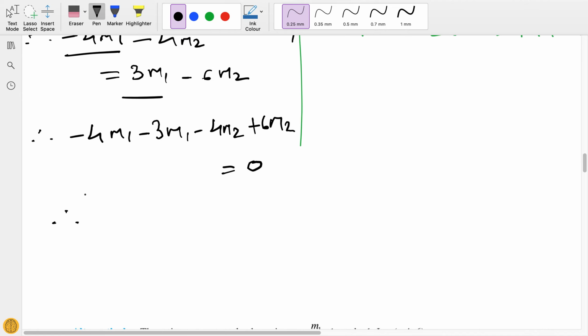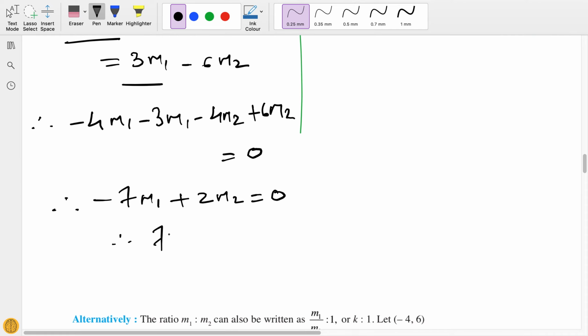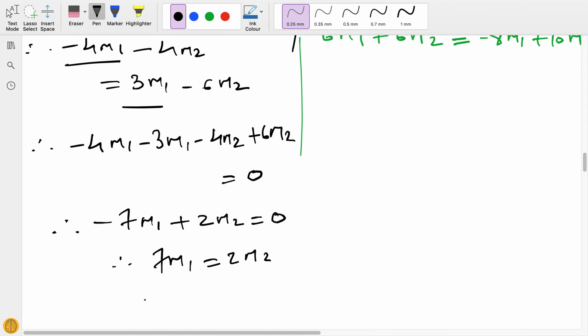So this is minus 7m1 plus 2m2 is equal to 0. So we can write 7m1 is equal to 2m2. Here we are getting m1 by m2 is equal to 2 by 7. I think we have found the ratio. m1 is to m2 is 2 is to 7.